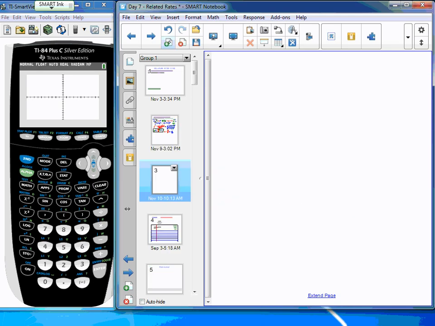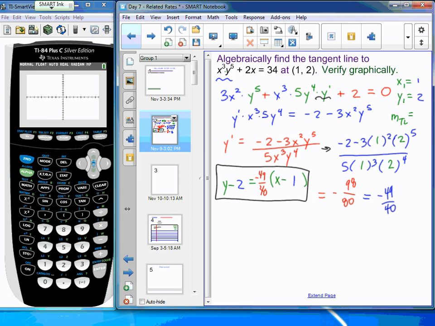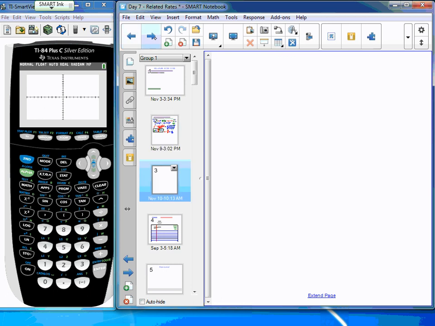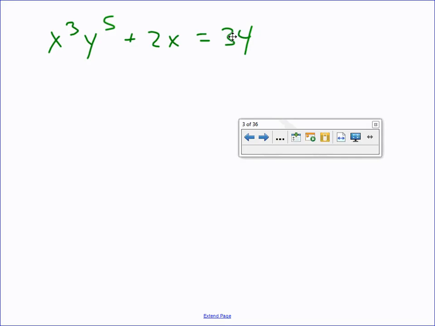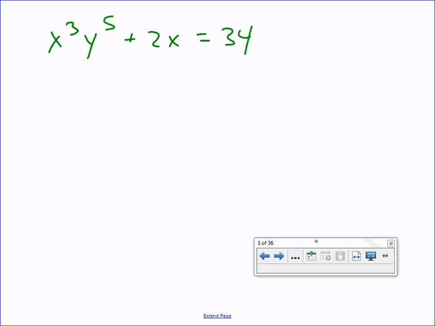So if my original expression was x cubed y to the 5th plus 2x equals 34, what will I have to do before I can enter that into my calculator? Allie? You have to make sure it's an explicit function instead, so you have to make sure the y is on one side. Absolutely. So it looks like we've got some work to do.